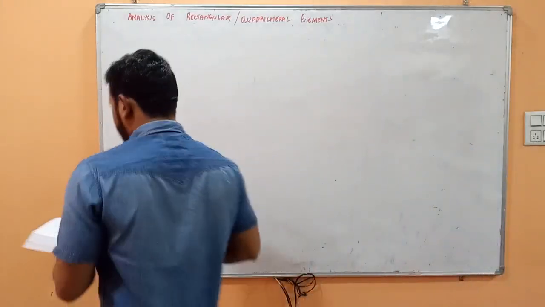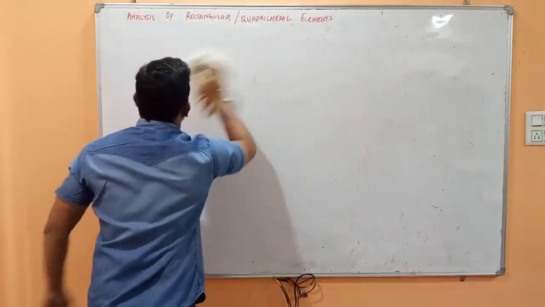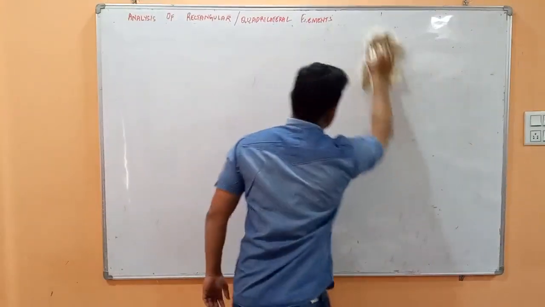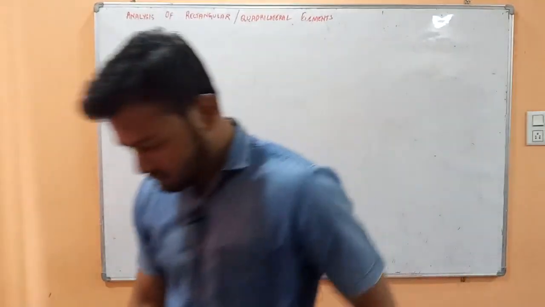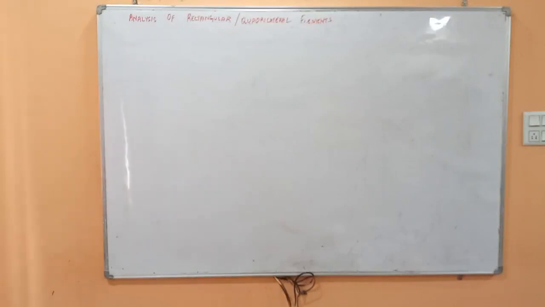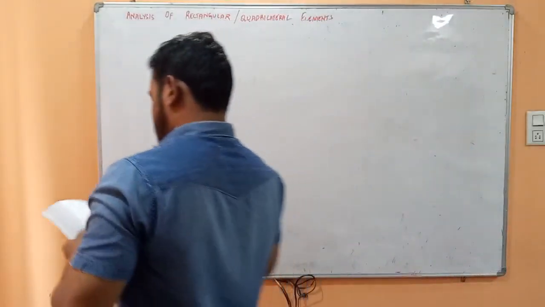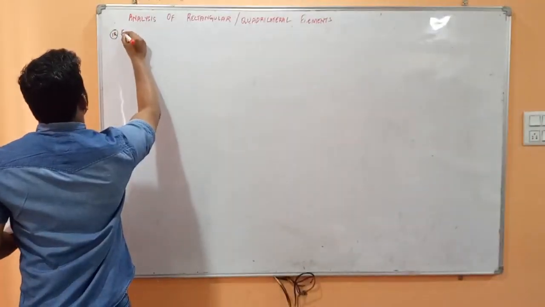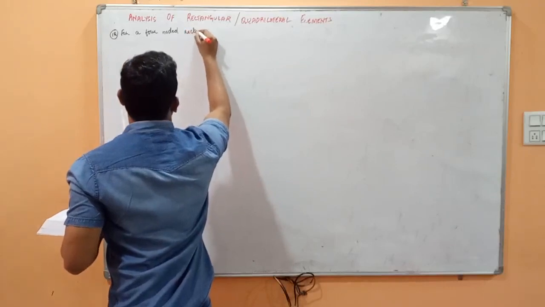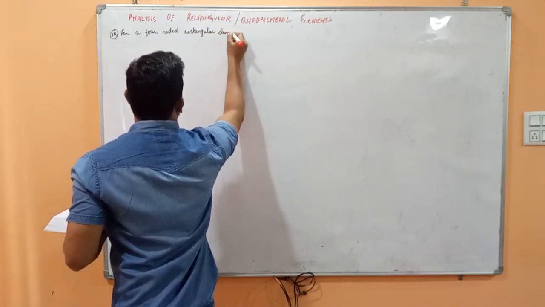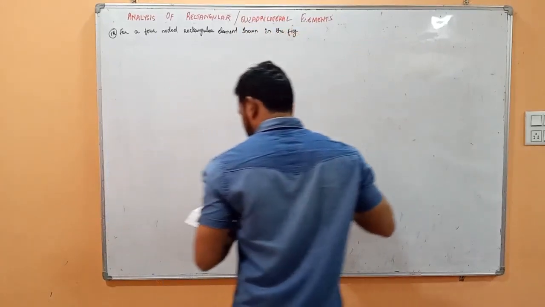So I am writing down the first question. For a 4-noded rectangular element shown in the figure, determine the following.